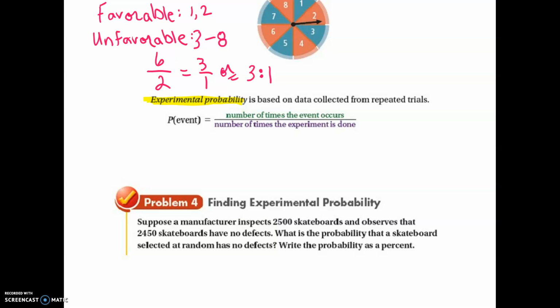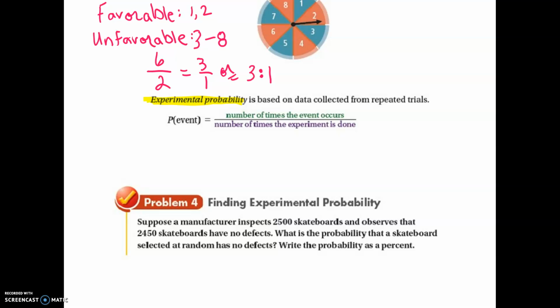So you would actually do trials where you mix up the deck of cards and you pick a card and see if it's a queen, and then you put it back. And then you mix them up and you pick up and see if it's a queen and put it back. And you do that over and over and over again. So when you're participating in the activity, it's called experimental probability. So here we can use that to make predictions also.